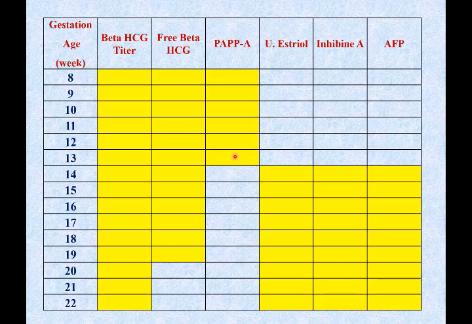So the first trimester maternal serum screening has to be done no later than gestational week 13. And the quad test can only be done past gestational week 14. The optimum is between 15 to 16 weeks.